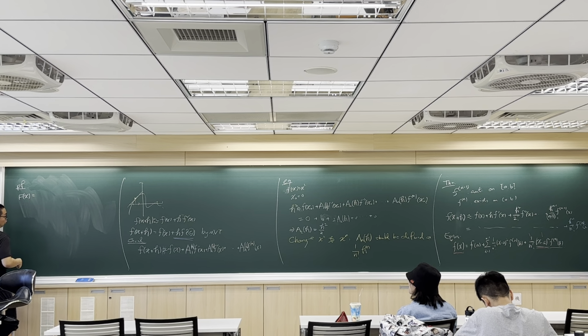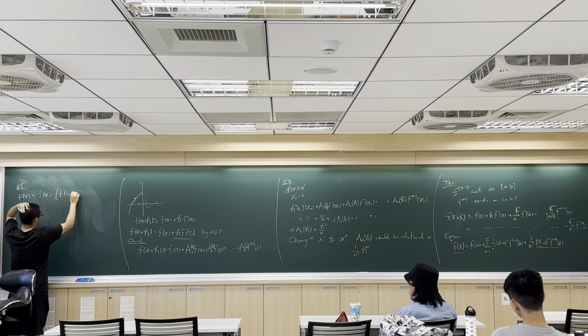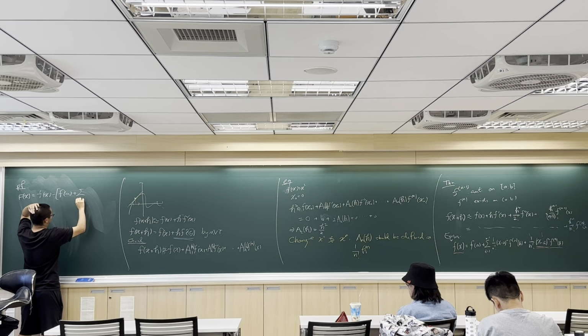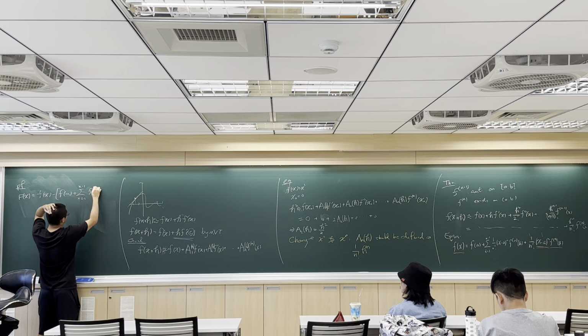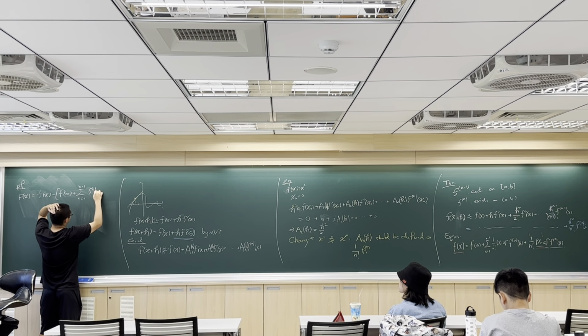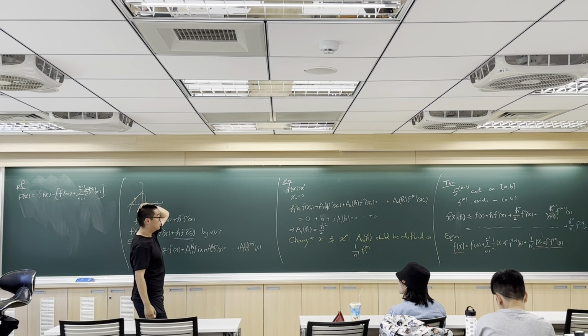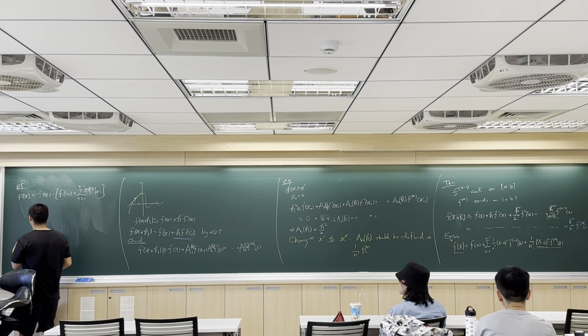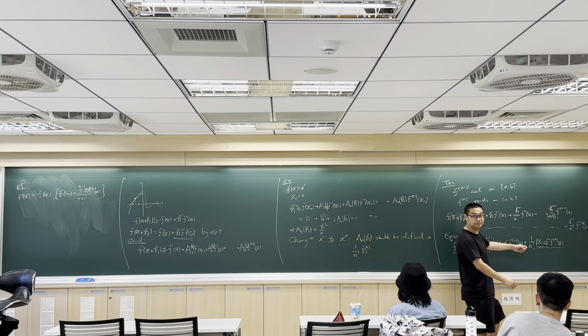f of x equals f of x minus f of a plus the sum over i of f^(i)(a) over i factorial times (x minus a)^i. And as I said, I want to differentiate this term.